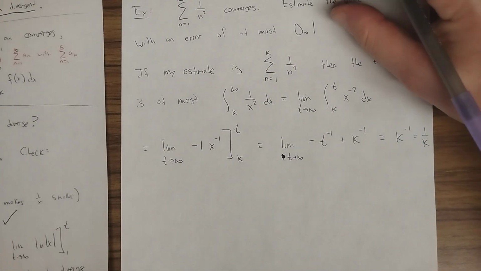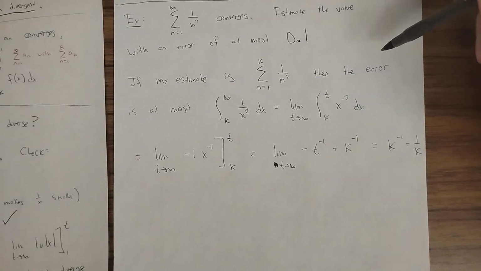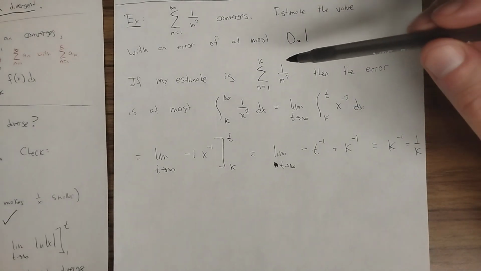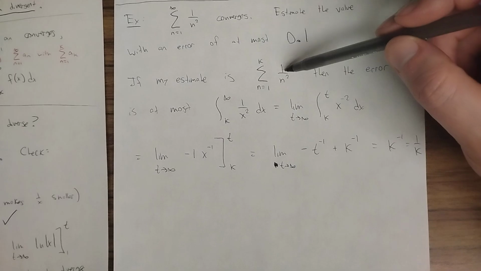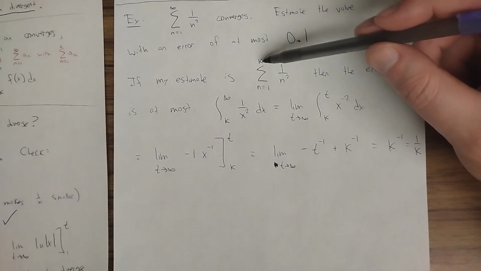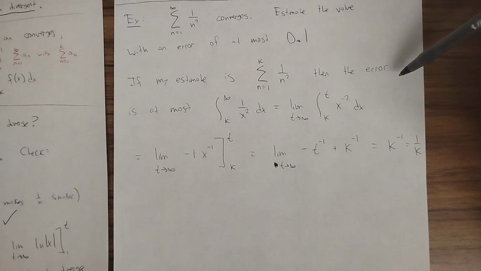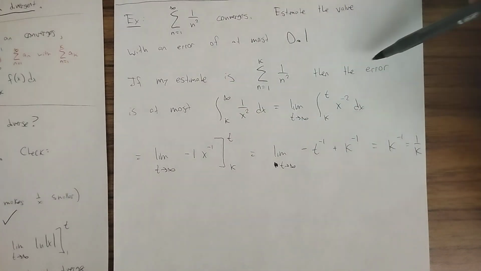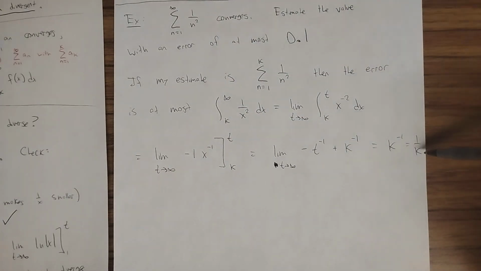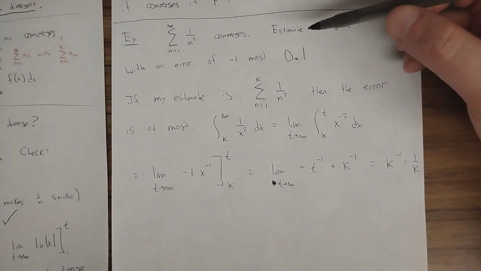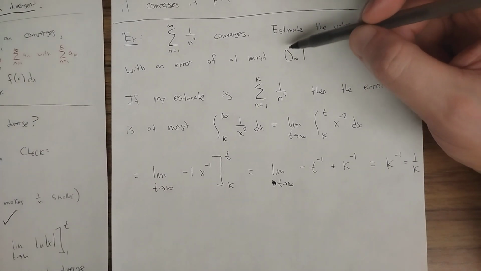So what does that tell me? We just said that if my estimate is going to be adding up the first k of these numbers, then how far off am I going to be? I'm going to be off by at most this much. Now, I want my error to be at most 0.1.